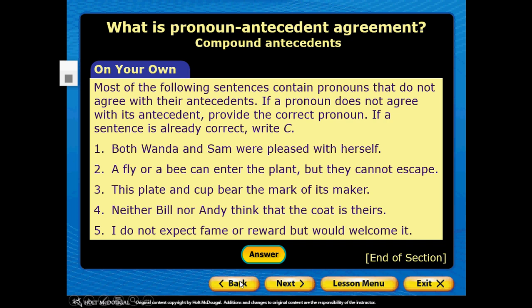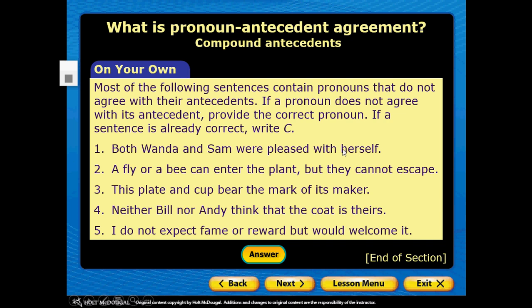So, both Wanda and Sam were pleased with herself. Now, this one is quite confusing because actually Sam could be a boy or a girl. This name in English can be used for both male or female. Both Wanda and Sam were pleased with herself.